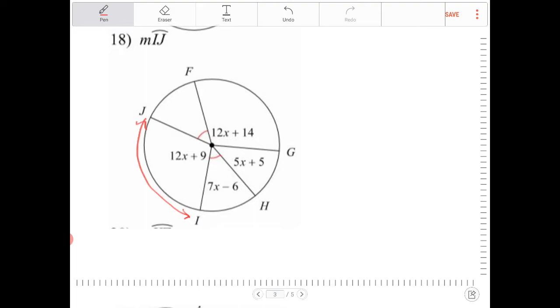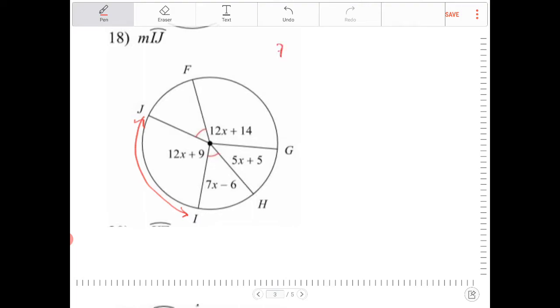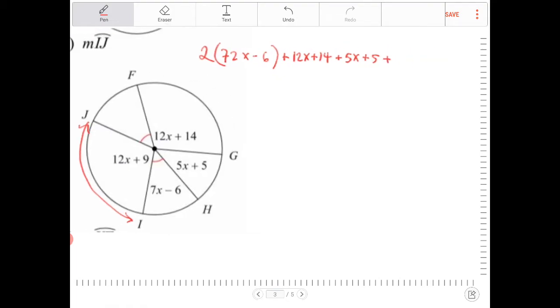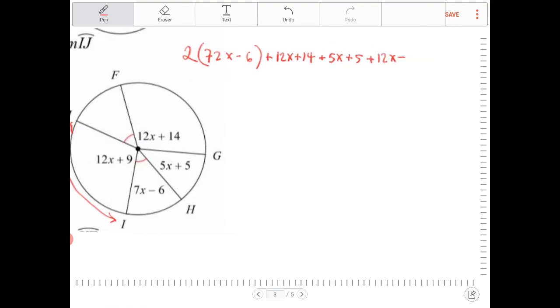Alright, so I have 7x minus 6, and I have actually two of them, because you see the markings in red, right? And then I need to add up 12x plus 14, plus 5x plus 5, plus 12x plus 9. And this all adds up to 360.